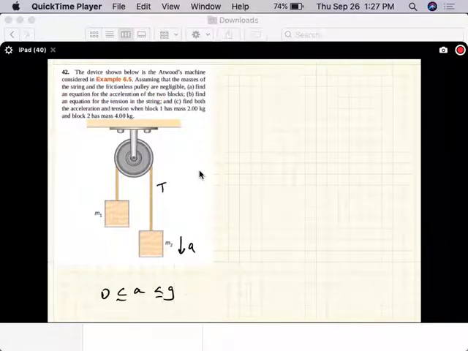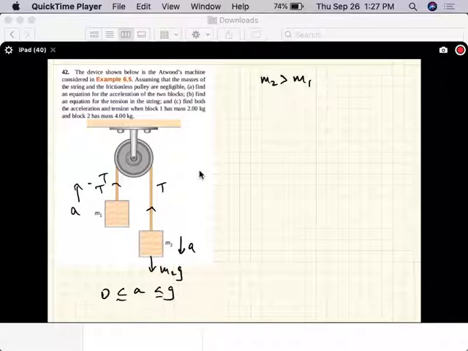We'll assume M2 is greater than M1. Gravity on this object is acting that way, and M1 will accelerate upwards. For M2, we'll assume the downward direction as positive.